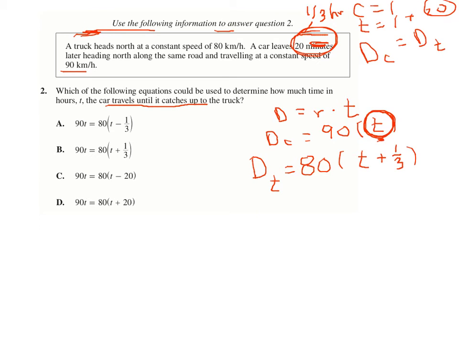So again, the car is traveling at 90 kilometers per hour for a specific amount of time, t. The truck is traveling at 80 kilometers an hour for a specific amount of time, t plus 1/3, which is the extra 20 minutes. And up here, we said that the distance the car takes is the exact same distance as the truck would take.